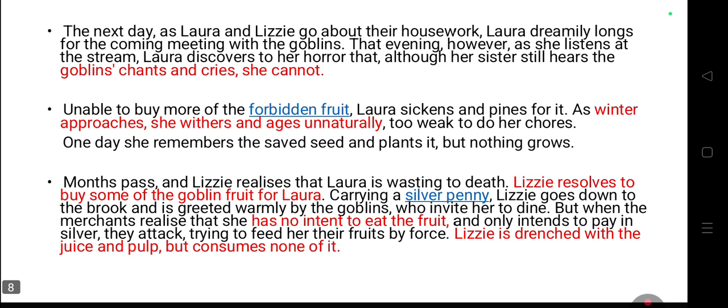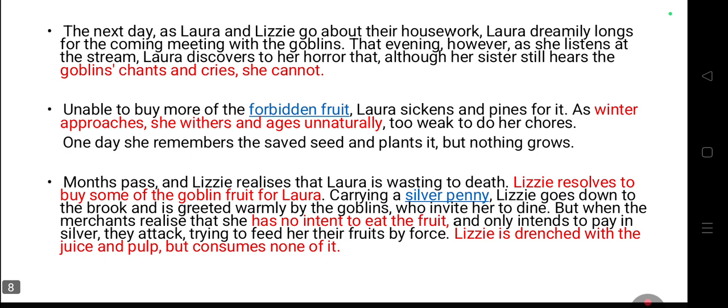So when she visited that brook, she had a silver penny with her to buy those fruits, and was very warmly welcomed by those goblin merchants, because now they are going to have another victim, another prey for them. Prey. So they invited her to dine with them.